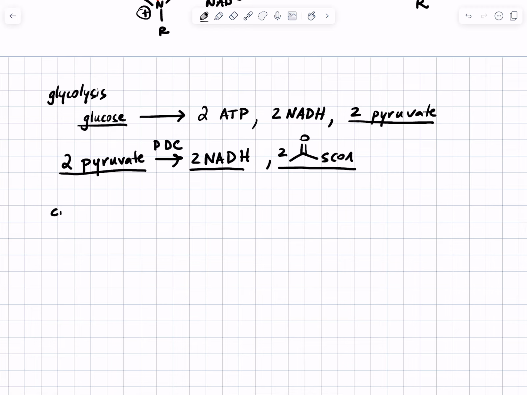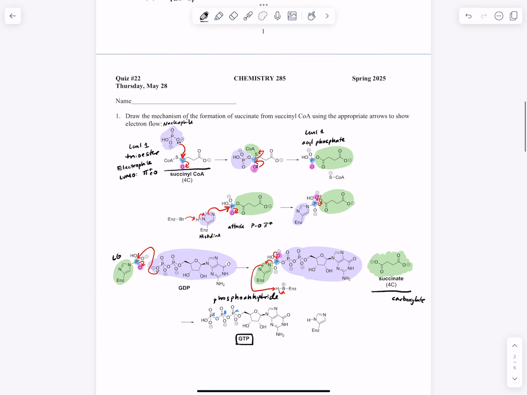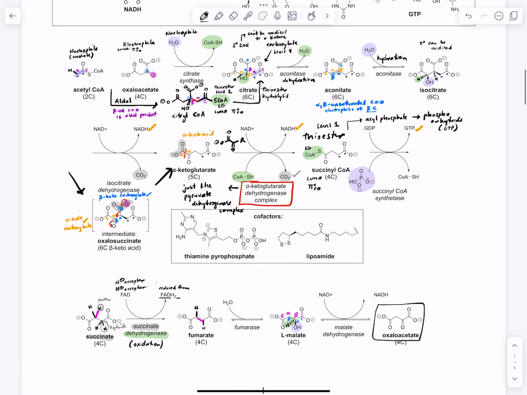And then in the citric acid cycle, an acetyl-CoA generates what? Remember? How many NADHs do we get? Go back and look at the citric acid cycle.